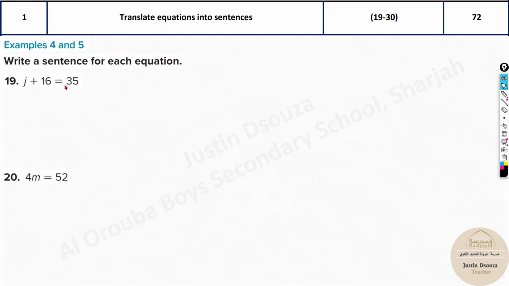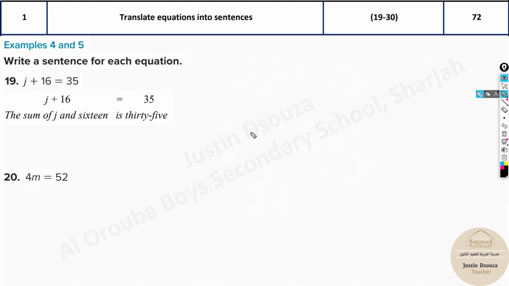What is this? Plus, equal to. So from this, you need to know a few things. J plus 16 means the sum, or plus, or addition, whereas equal to means is the same as. And this is just the sum of J and 16.